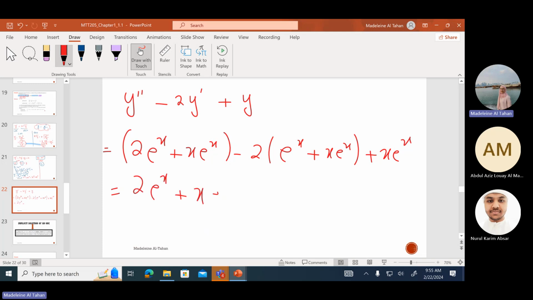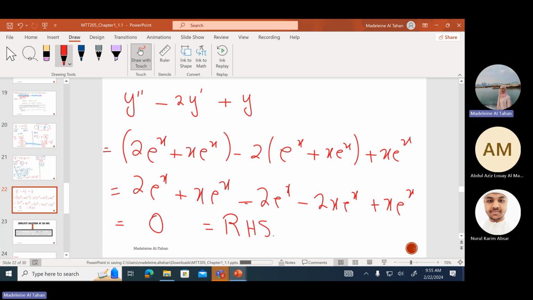What will we get now? 2e^x plus x e^x minus 2e^x minus 2x e^x plus x e^x. These cancel together, and we get 0, the same as the right-hand side. What does it mean? Solution or not?